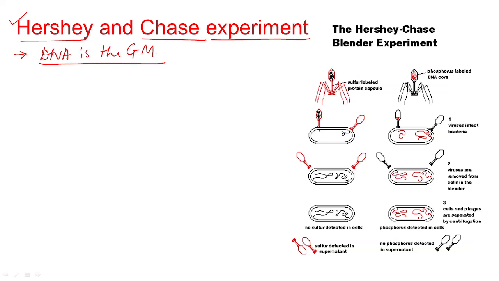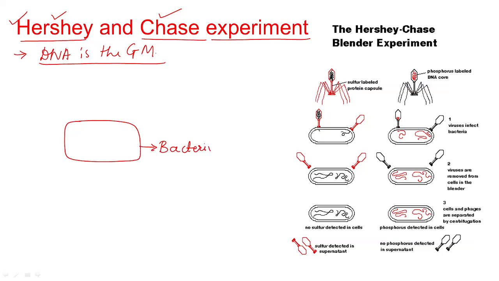So, what exactly did Hershey and Chase do? Let us start with this particular experiment. The scientists Hershey and Chase observed one particular phenomenon: the infection of a bacterium by a bacteriophage.